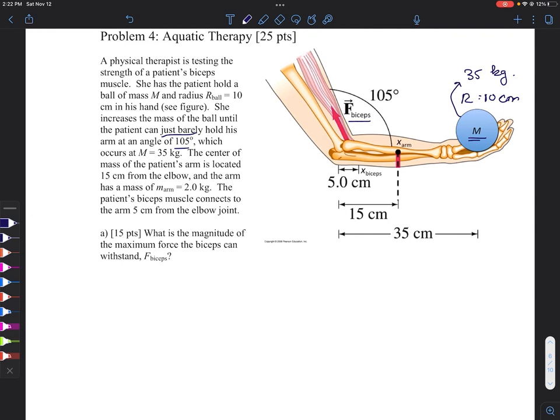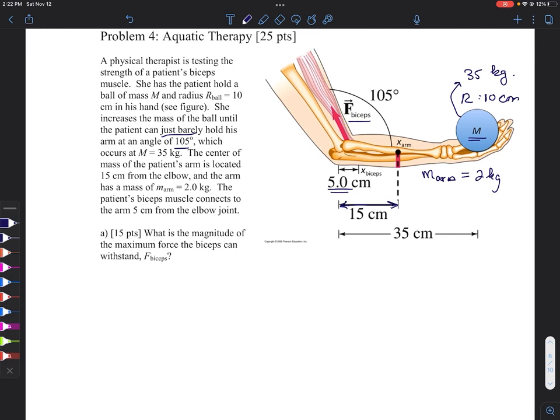The center of mass of the patient's arm is located 15 centimeters from the elbow, and the arm has a mass of 2 kilograms. The patient's biceps connect to the arm 5 centimeters from the elbow joint. What is the magnitude of the maximum force the biceps can withstand, F biceps?